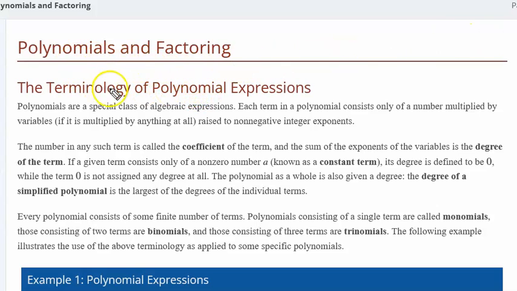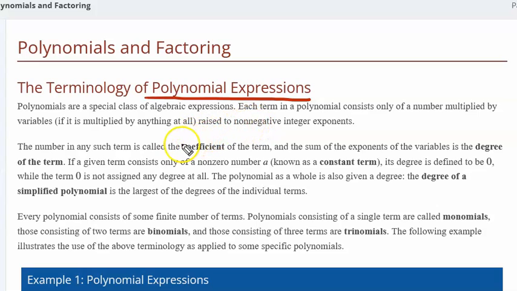And first of all, what is a polynomial expression? Well, an expression is a series of terms, and of course in algebra, containing variables, letters. Let's give an example, and they'll be given examples below.